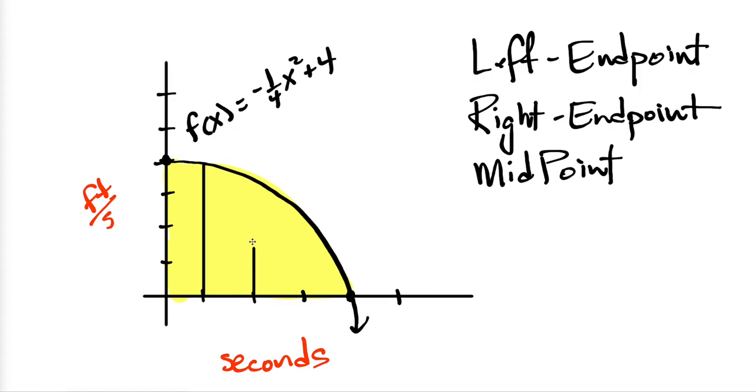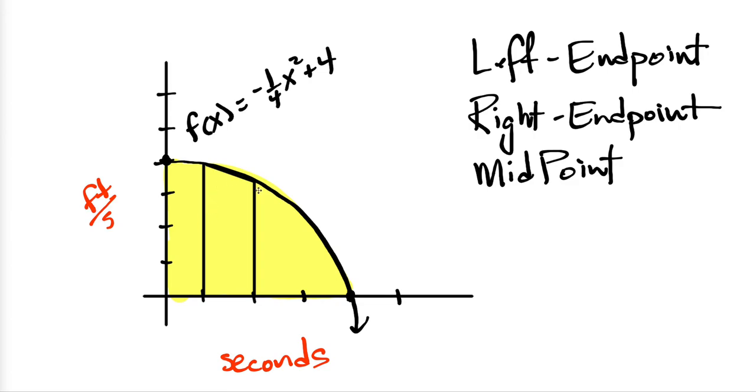Instead of drawing rectangles, you draw trapezoids, which gives you a pretty good estimation, because then there's very little under or overestimation. But we no longer have to do that on the AP test, so rather than cram you full of everything, I'll probably just leave that off.